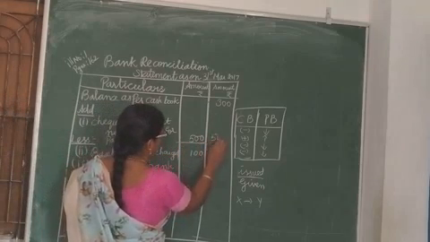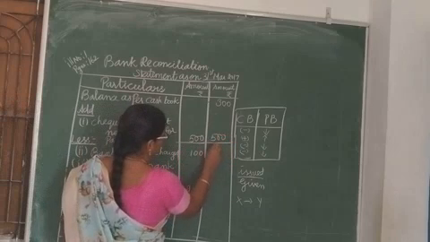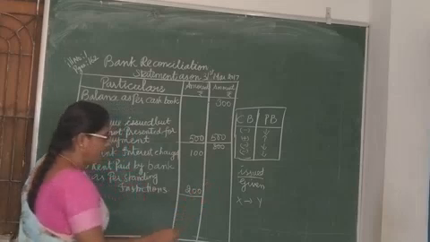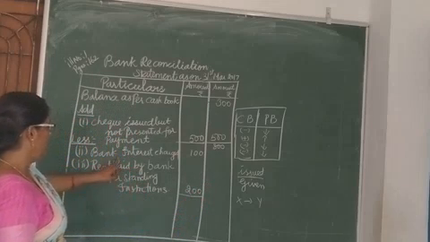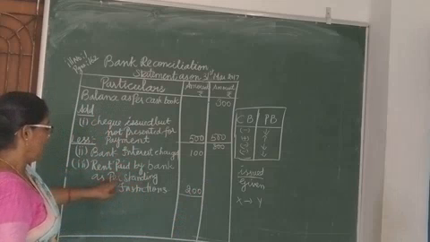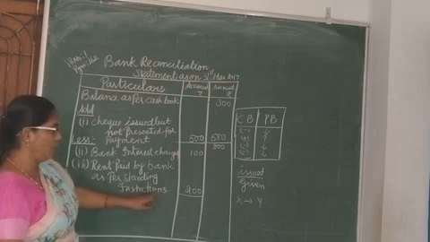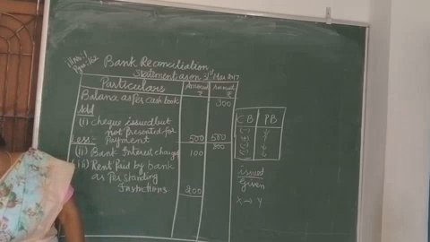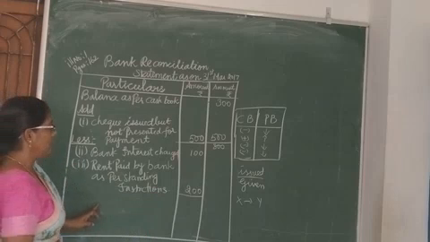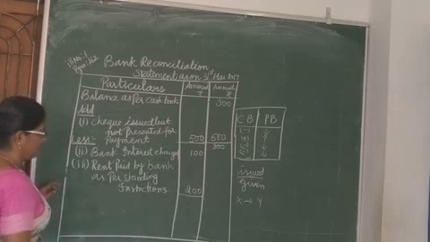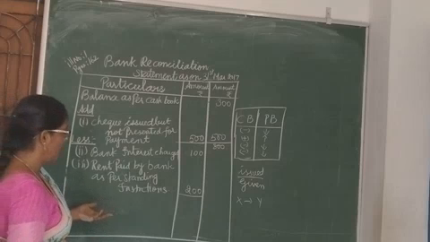So write the amount in the outer column, in the next line. What are all the items we are going to add? Bank interest charge 100. Rent paid by standing instruction 200. Then any other thing? Check deposited, yes. Check deposited but not yet presented. That also we want to add, isn't it?